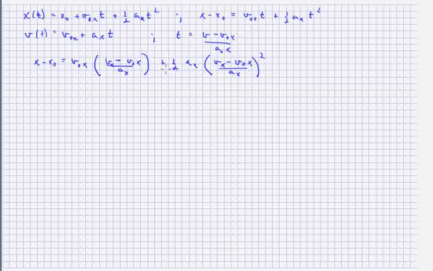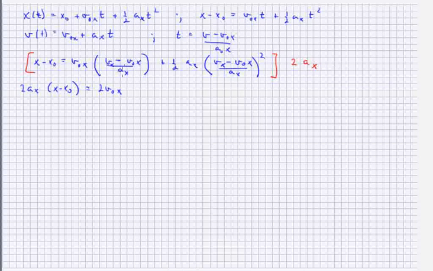Okay, so if we multiply this equation through by 2 a x, then on the left side we will get 2 a x times x minus x naught. And then on the right side we'll get 2 v naught x.